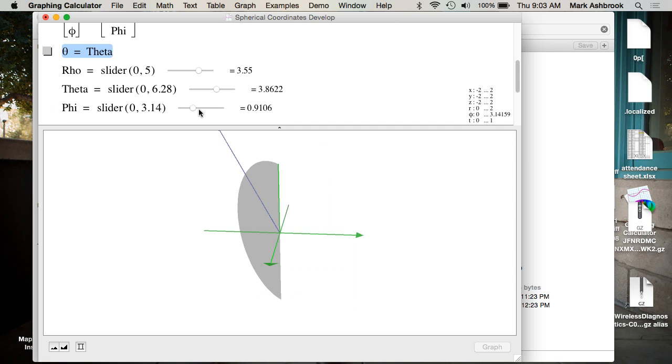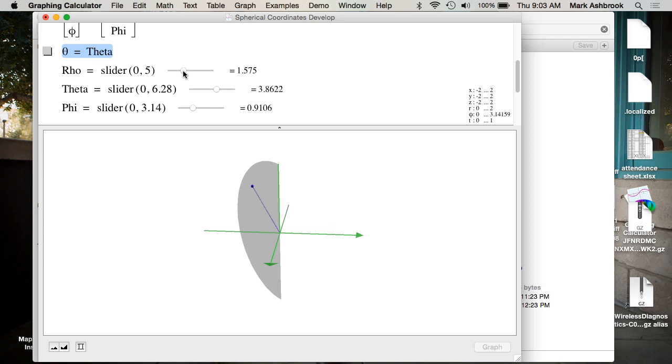We said, first of all, rho. So we have 3 coordinates. First, rho is the distance from your point, whatever point you have, to the origin in R3. So that's truly the distance, no matter where your point is. It's like the length of that blue line.